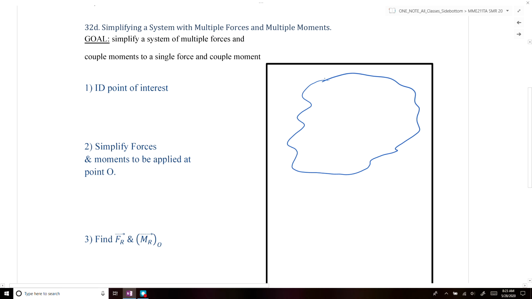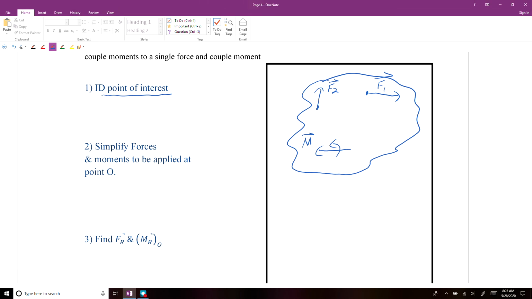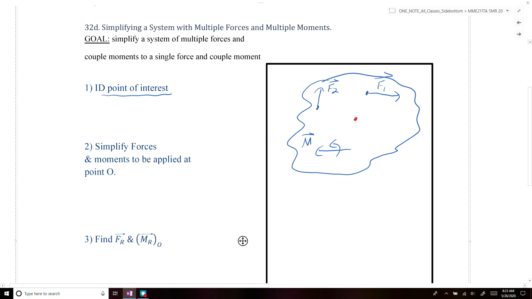It can be any shape, and we can have a couple of forces being applied to our rigid body, and we'll also have a couple moment being applied to our body. The first thing we're going to do is select a point of interest. In this case we're going to use point O.